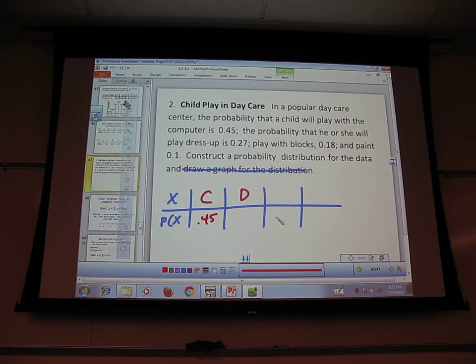The other options, blocks and paint. Probability of dress up is what? 0.27. Blocks is 0.18, and paint is 0.10. Okay, good.